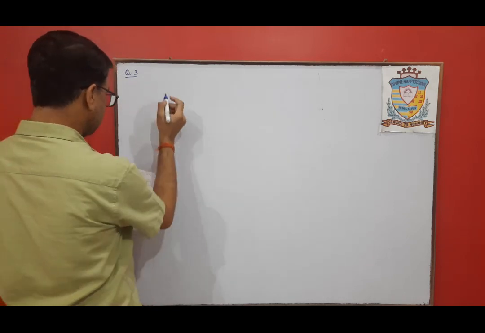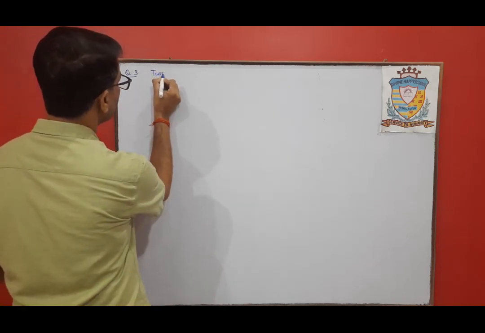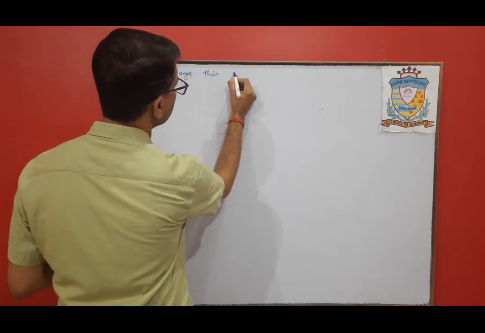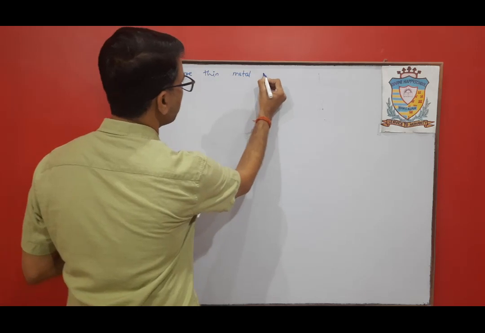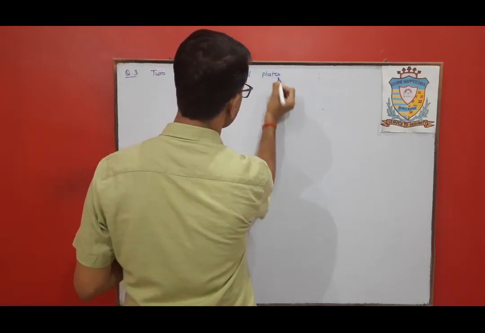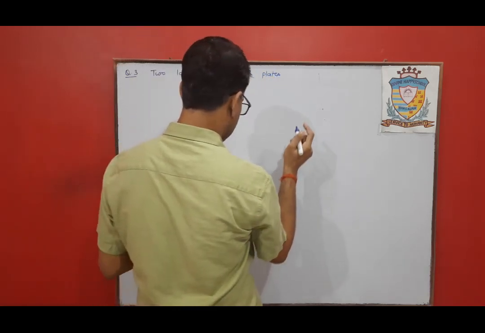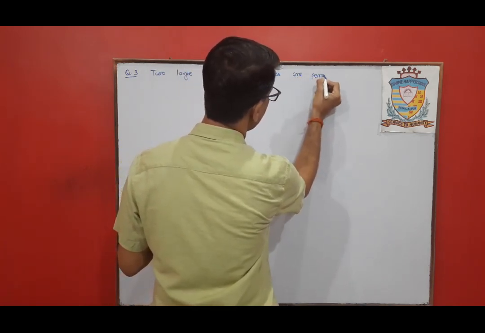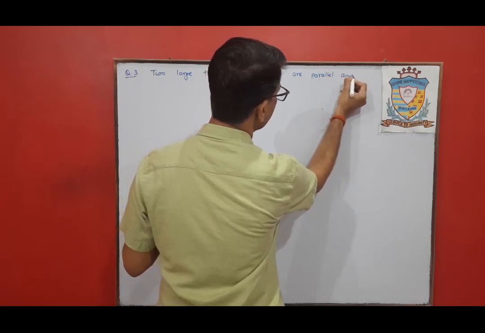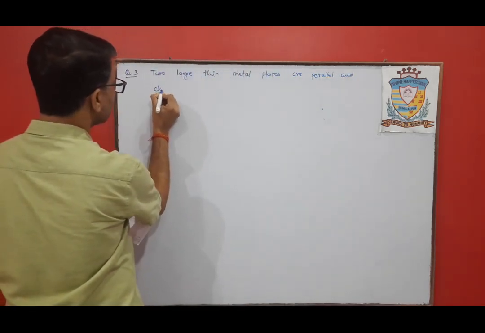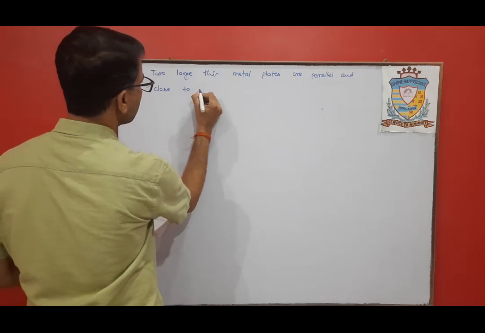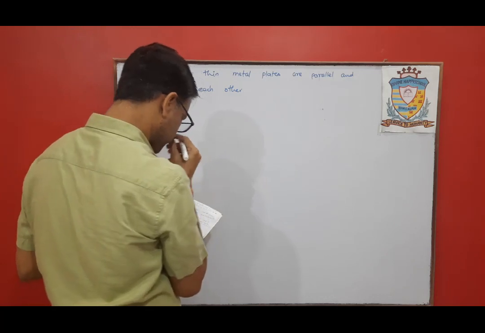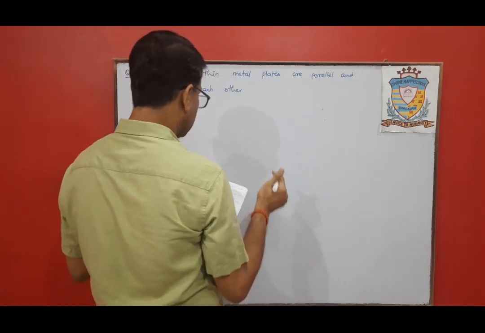Two large thin metal plates are parallel and close to each other.